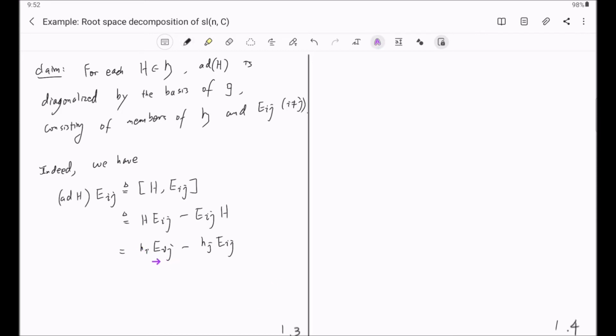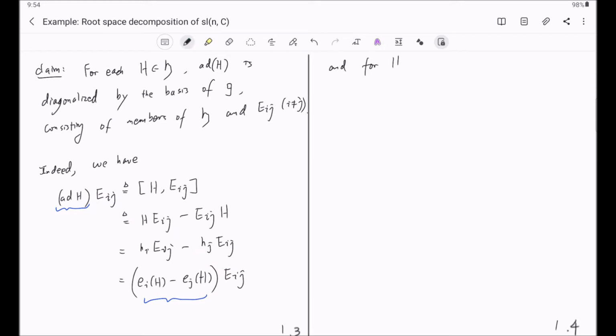And using the terminology we just introduced, this will be equal to (e_i(h) minus e_j(h)) times E_ij. Namely, e_i(h) minus e_j(h) is an eigenvalue for this adjoint operator with eigenvector E_ij.